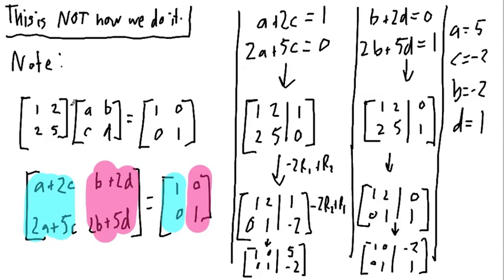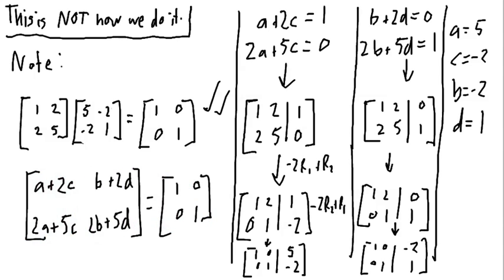In other words, the inverse is equal to 5, -2, -2, 1. I encourage you to go ahead and check that out. It actually checks out. Multiplying both ways, you'll find out that that is completely valid.